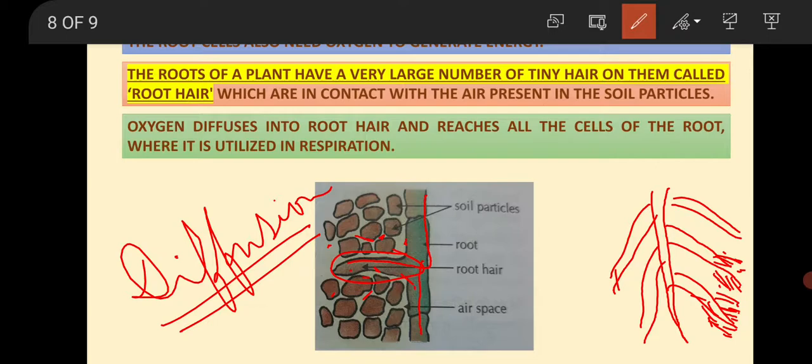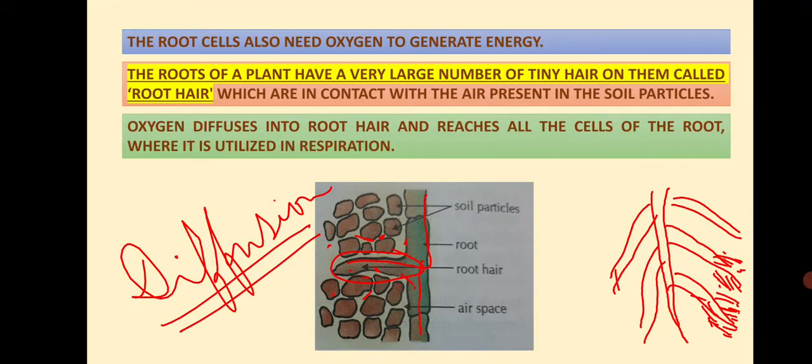In the same way, carbon dioxide produced during respiration is removed, that means the carbon dioxide is thrown out by the root hair through the process of diffusion. So this is one way the roots respire.